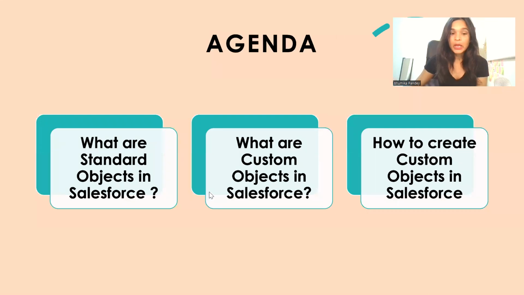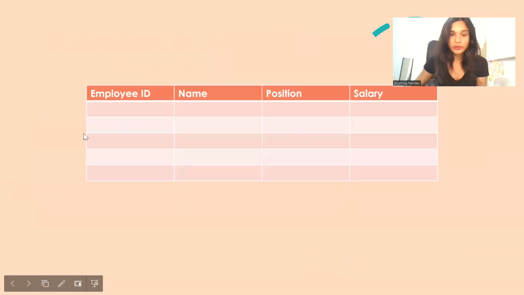All right. Before we get started with custom objects, the first thing you need to understand is what objects are. If you're not familiar with Salesforce, you might already know what a table is. For example, let's say I have a company and there are employees working in the company, and these are a few details that every employee will have.